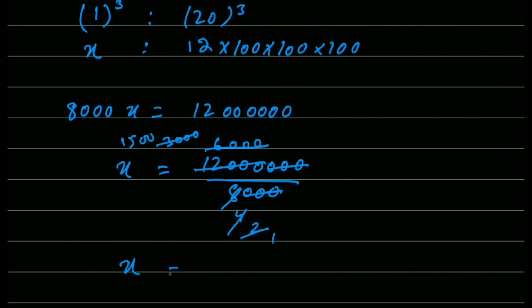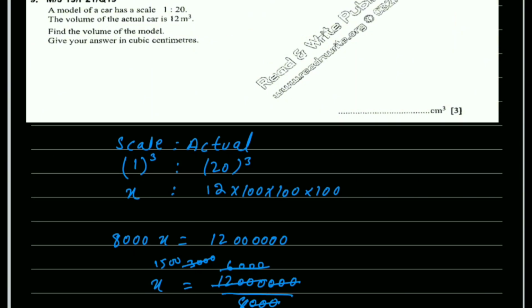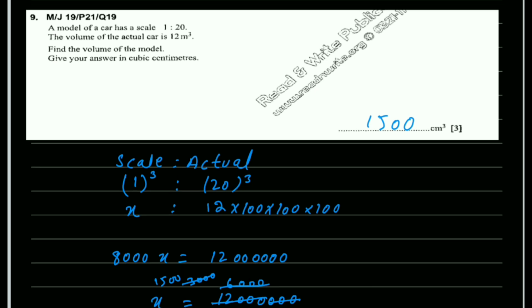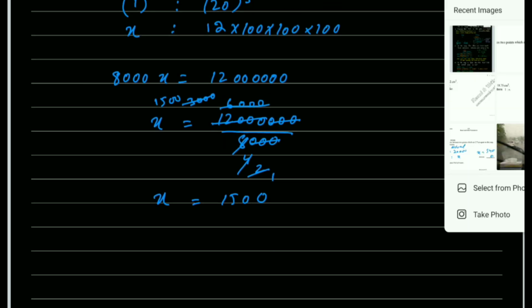So x will be 1500 centimeter cube. So we got our answer already in centimeter cube. So what is our final answer? 1500 centimeter cube. Let's do one last example.